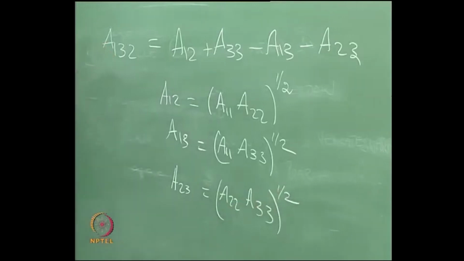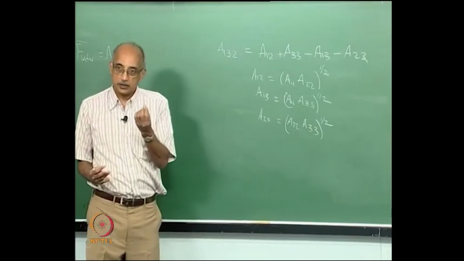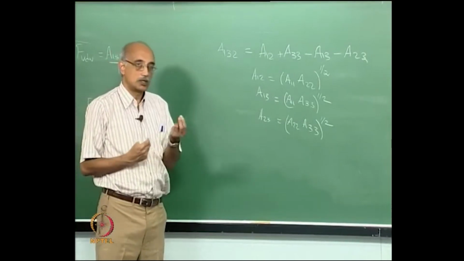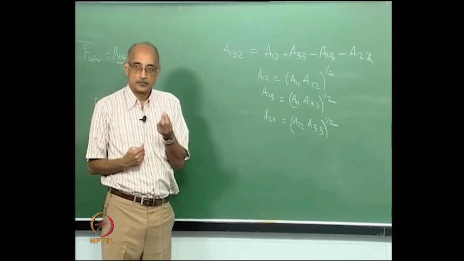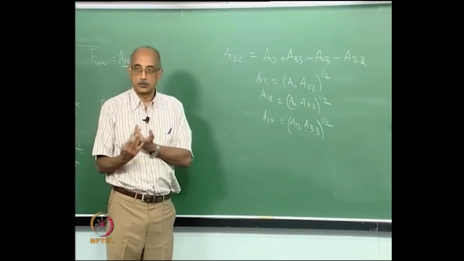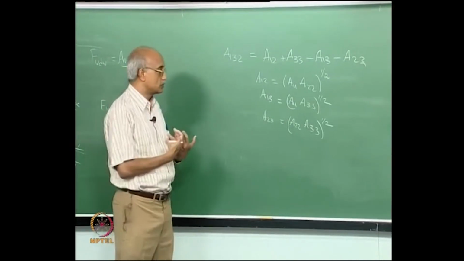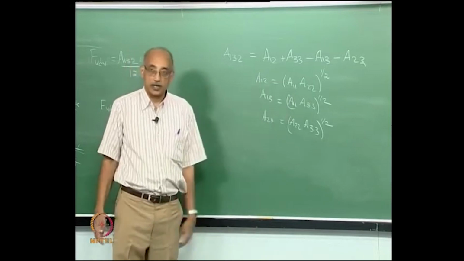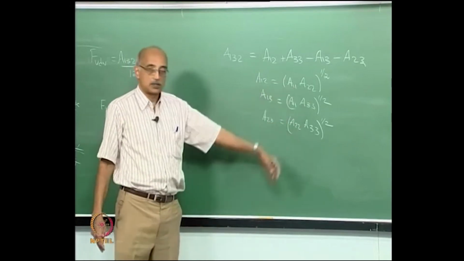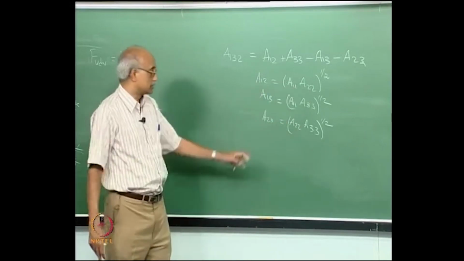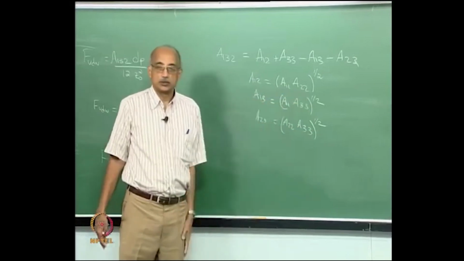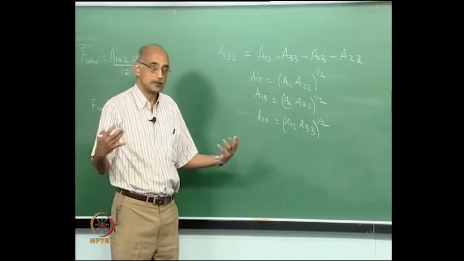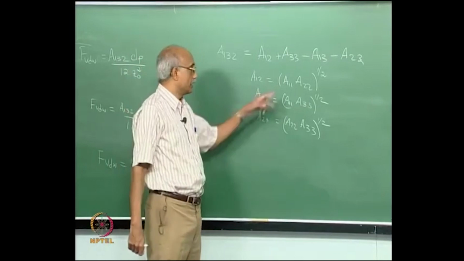What is A11? It is a Hamaker constant representing the interaction between two particles of the same material 1 without an intervening fluid. So, essentially when you bring these two particles together in vacuum, this is the Hamaker constant that characterizes the interaction. Similarly, A22 is for bringing two particles of material 2 together.